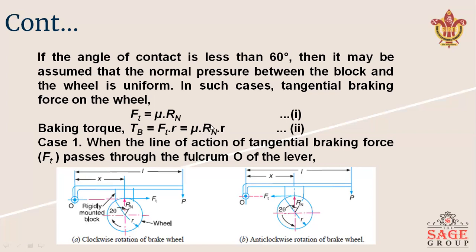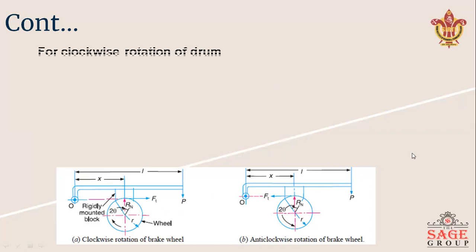So we take moment about the fulcrum O. For clockwise rotation of the drum, Rn into perpendicular distance x is clockwise, and P into L is anti-clockwise.